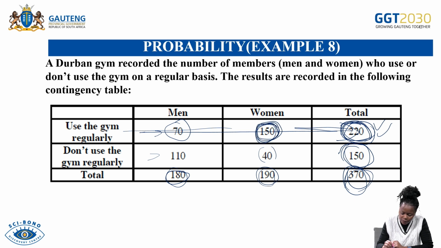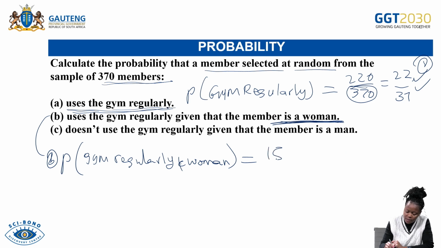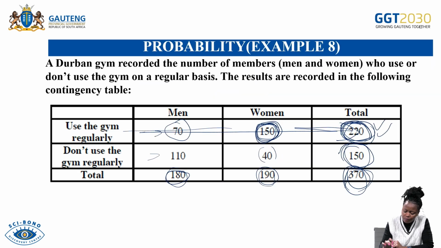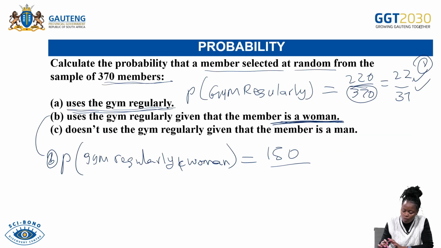It's 150, right? So it's going to be 150 all over how many women that use the gym in general. Oh, sorry, that use the gym regularly. Since we are talking about the women, we have reduced our sample space to the women, so it's going to be 190. So it's going to be 150 divided by 190. That's going to be 15 all over 19.